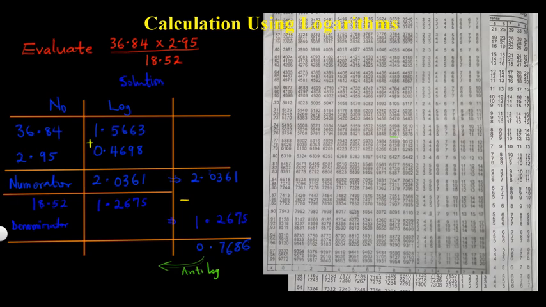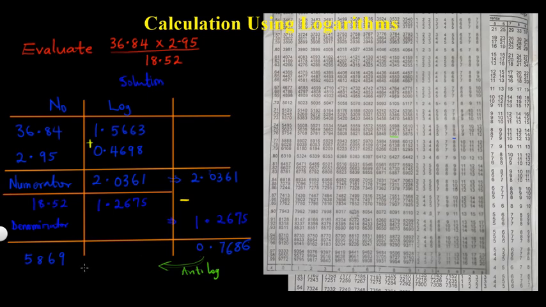Then difference 6. Difference 6 is 8. So if we add 8 to this, that will become 5869. So the antilog gives us 5869. Remember, we did not put into consideration this 0 when we're checking the antilog because it's from 0.76.